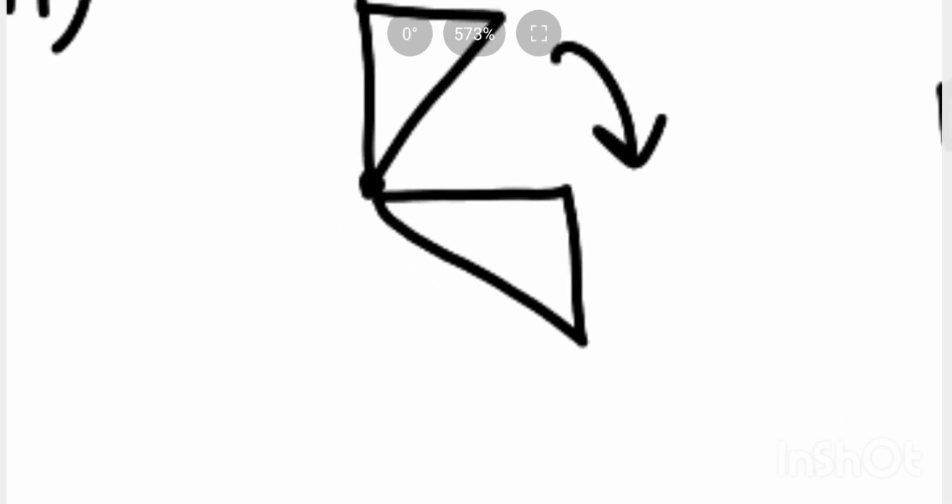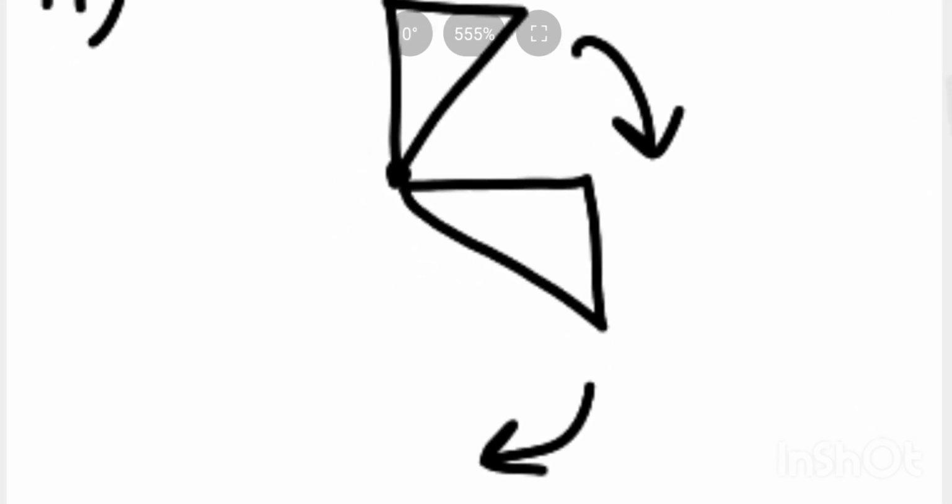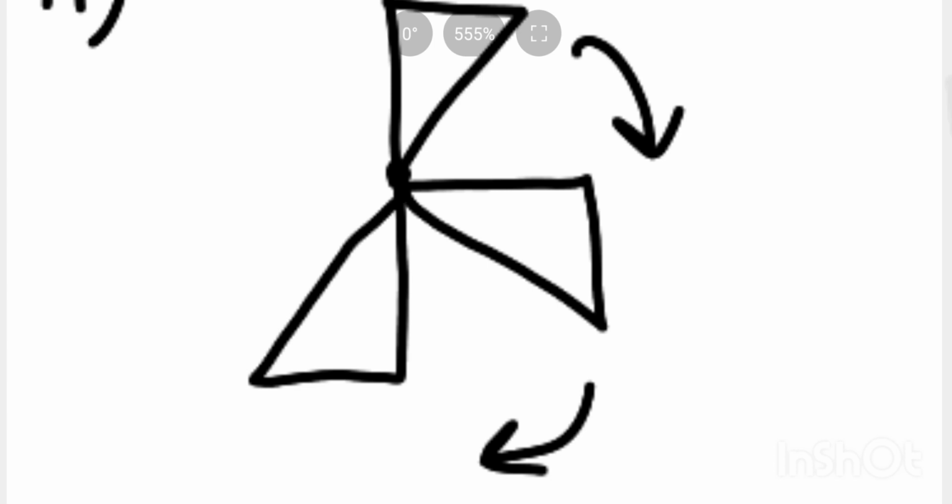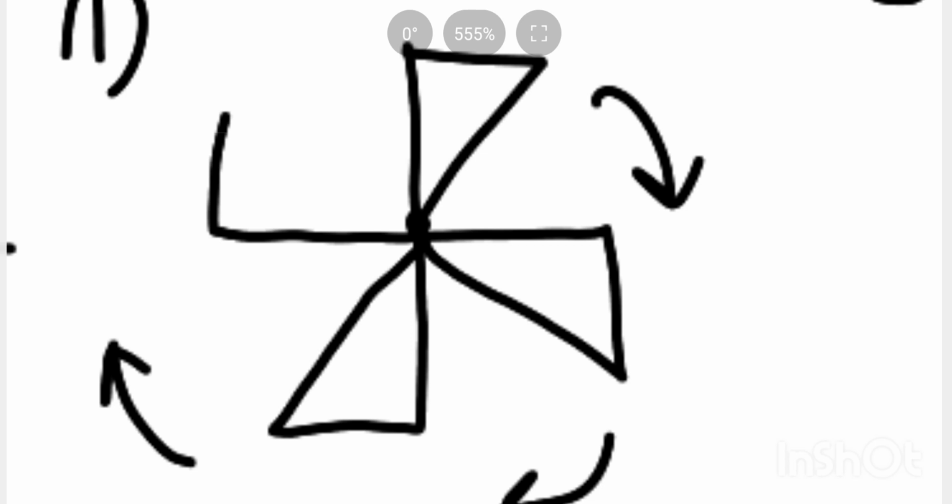So if we were to rotate the shape 90 degrees clockwise, you'd get this. After you rotate 90 degrees clockwise, and then another 90 degrees, it would look like this, and then another 90 degrees, it would look like this, and then there's your answer. And if you do another 90 degrees, you'd get back to where you started, the triangle at the top.